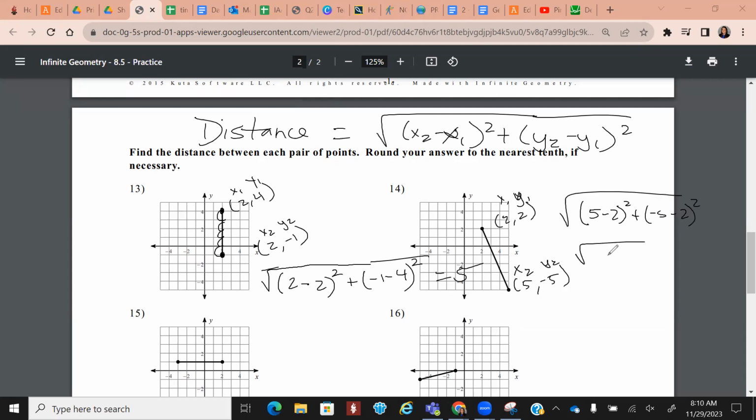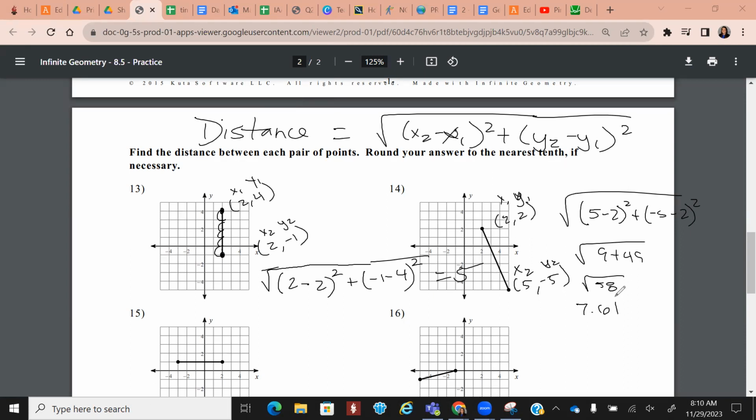So this is going to give me 9 plus 49. And so that's going to give me the square root of 58. And that's going to be about 7.61.